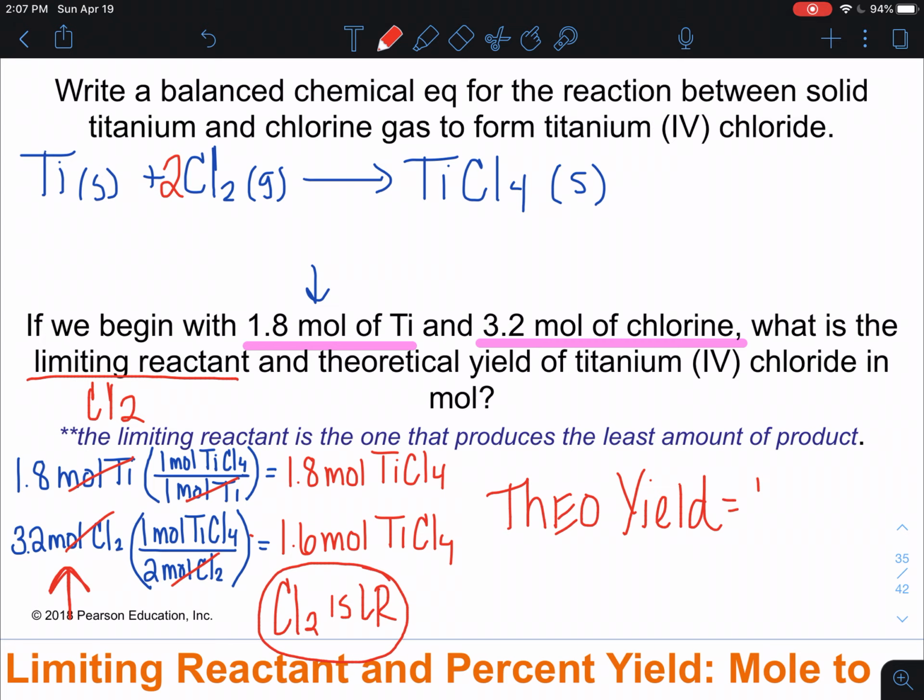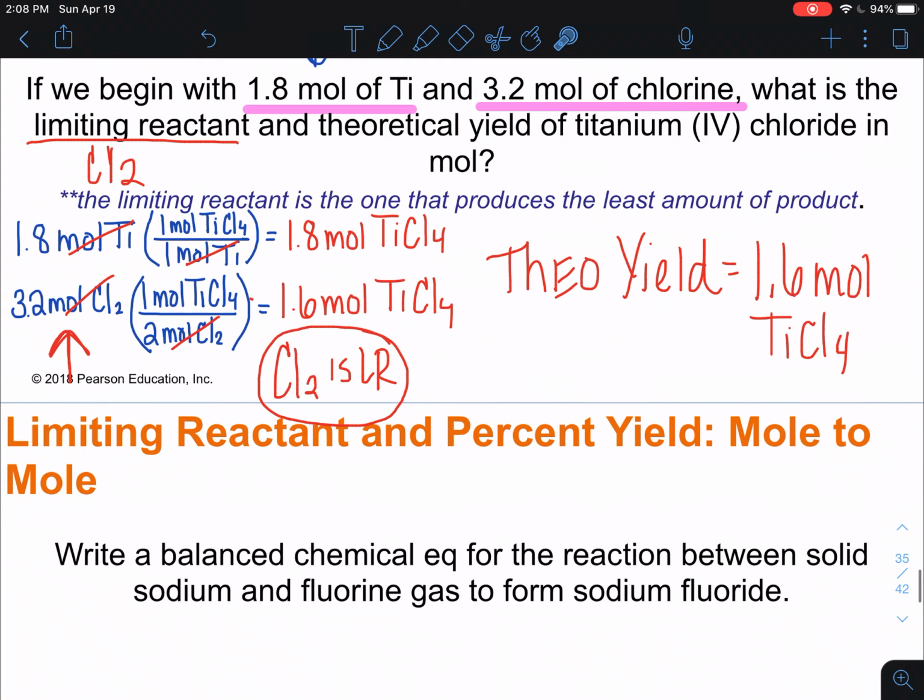Theoretical yield is 1.6 mole. Right, because we took the appropriate amount of starting material, which is 3.2 moles of chlorine, and we converted it to moles of product, and that's what we got out. So the theoretical yield is 1.6 moles, and chlorine is our limiting reactant.